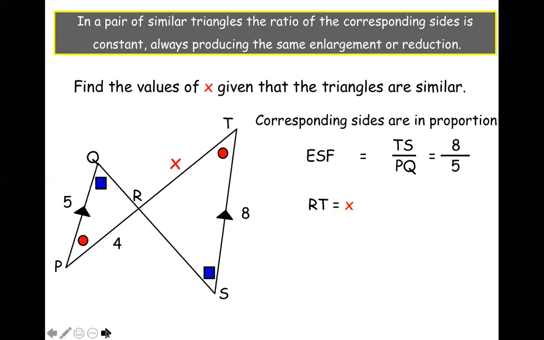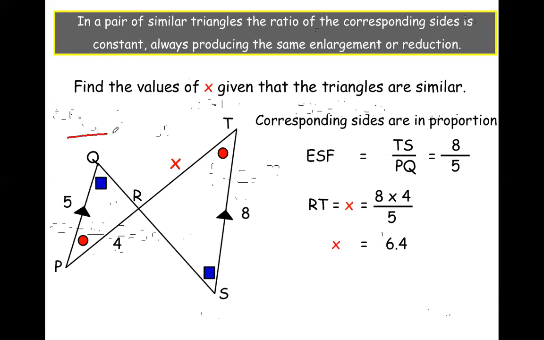And then RT is just X, so it's going to be 4, that side there, times 8 divided by 5. So what I would say to my students is, every time I get something like this, so that you don't get confused, it's better to redraw them on your piece of paper as two separate triangles.